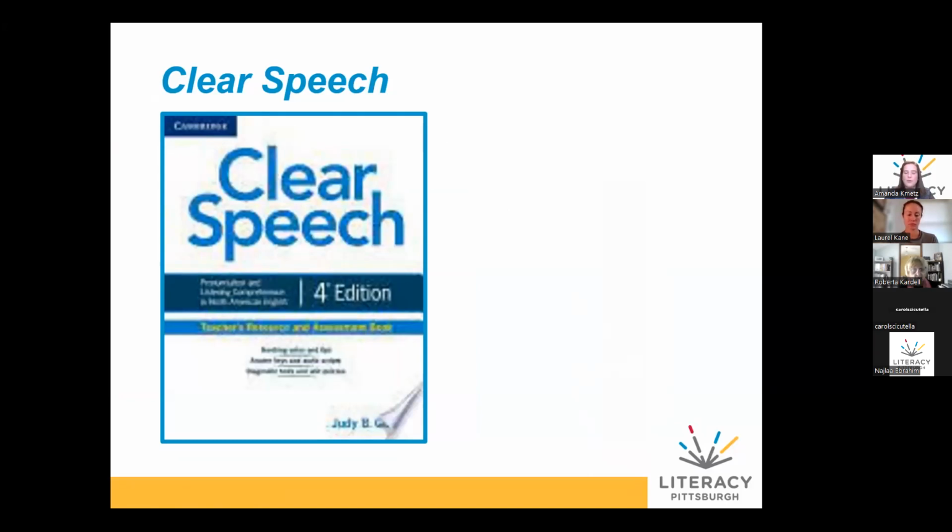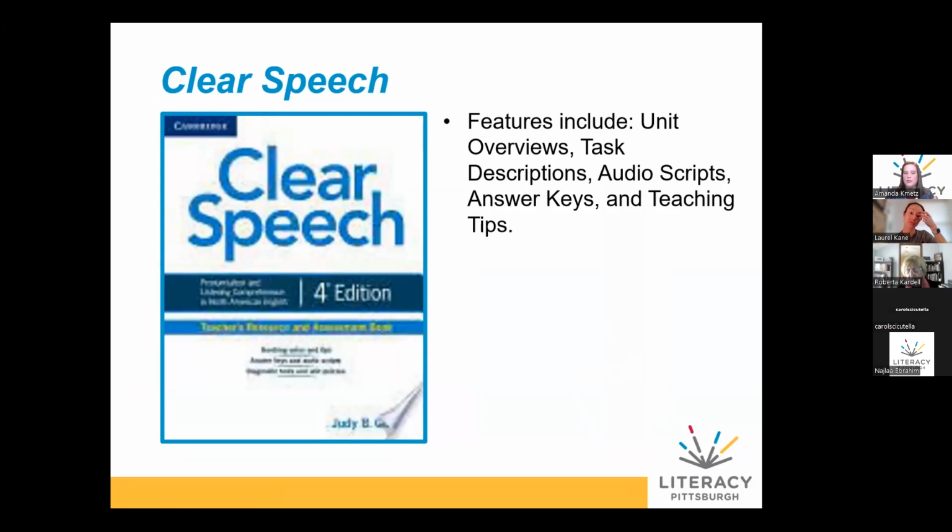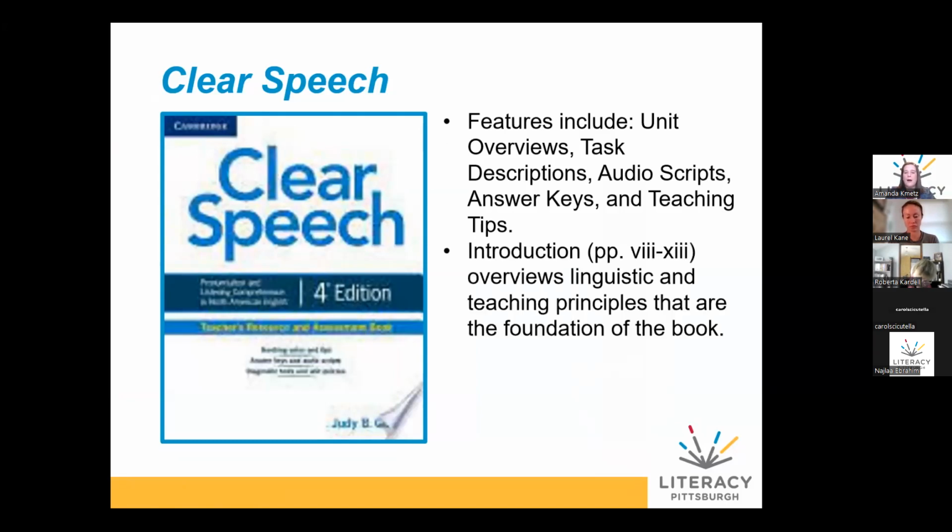The other resource to point out to you is the instructor guide, and features include unit overviews, task descriptions, audio scripts, answer keys, and teaching tips. The introduction is quite helpful, especially if you don't have any practice with formal pronunciation training or teaching pronunciation.